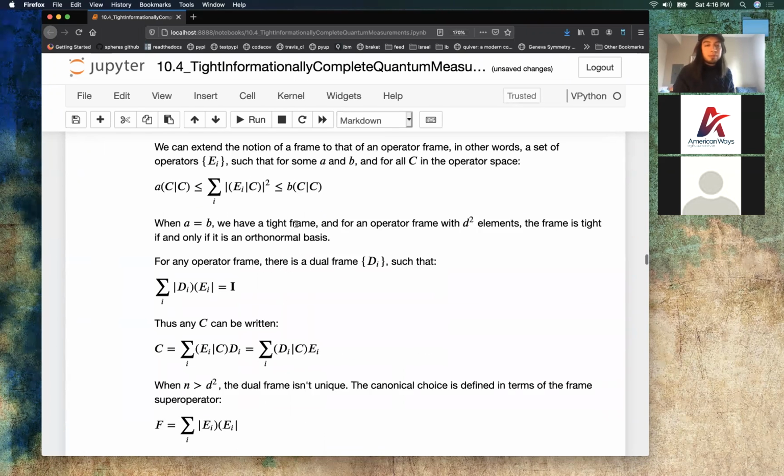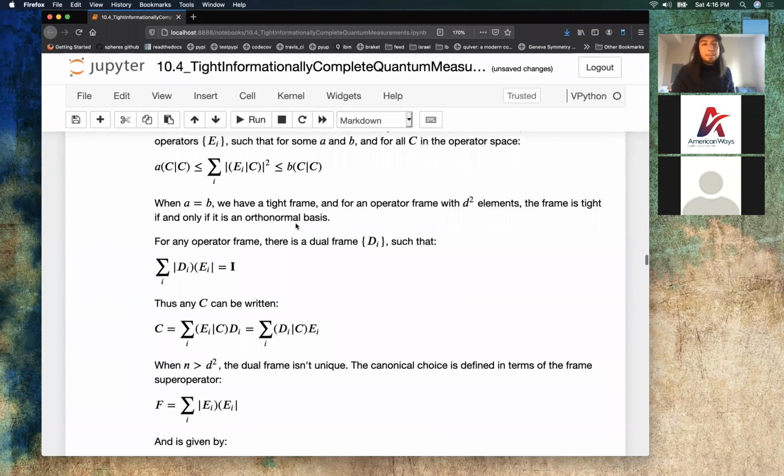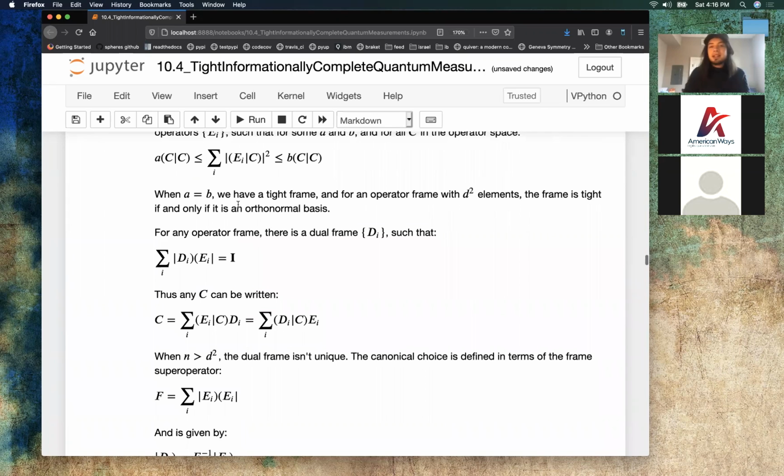So we get that. And just as before, if A equals B, we have a tight frame. And then interestingly, for an operator frame with D squared elements, the operator frame being tight means that it is in fact an orthonormal basis.